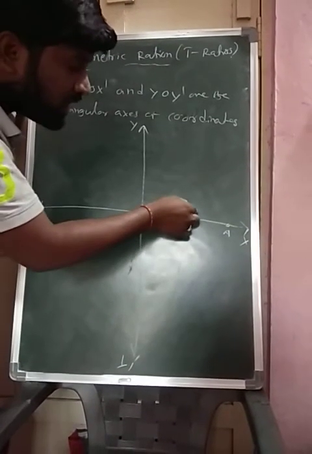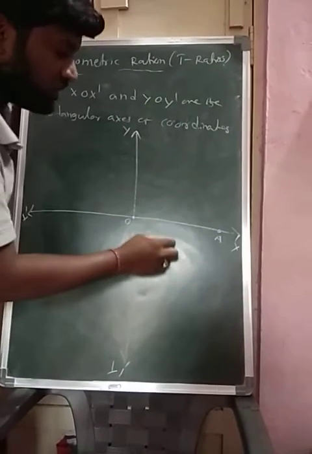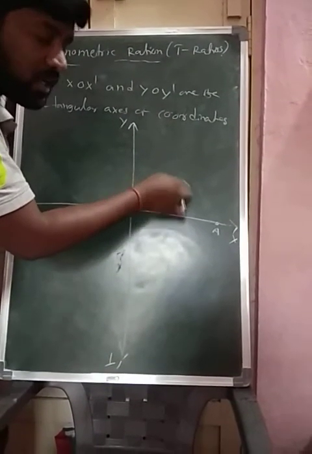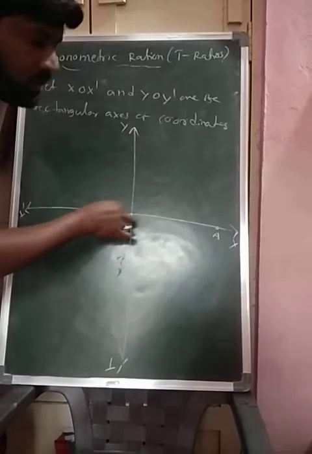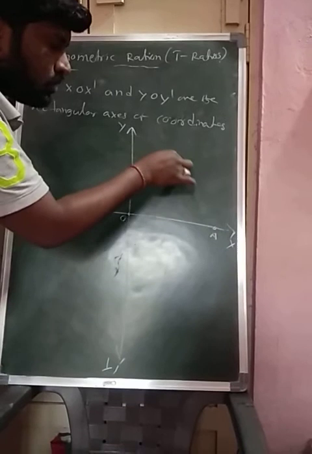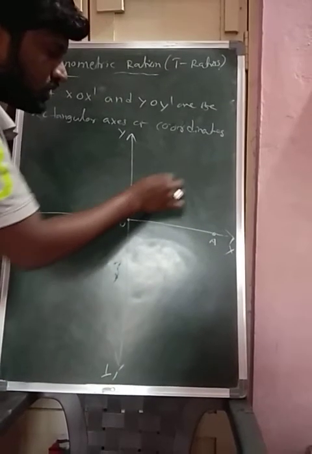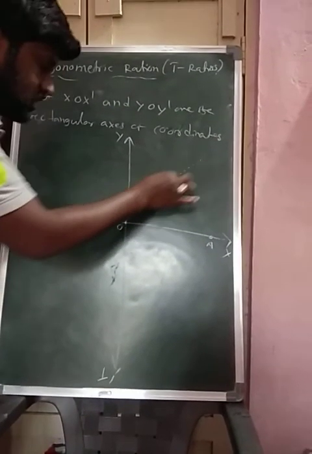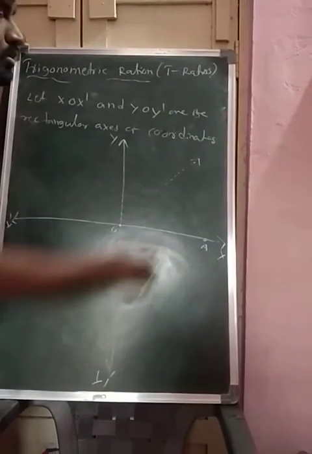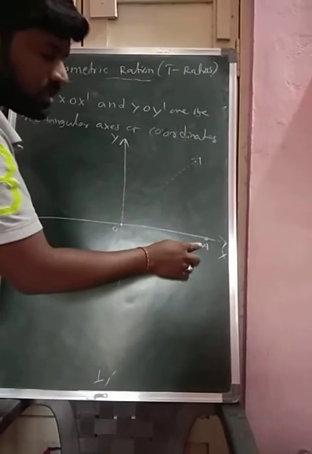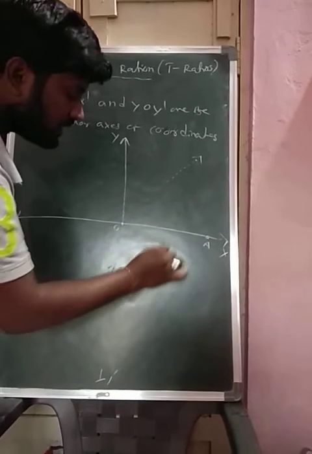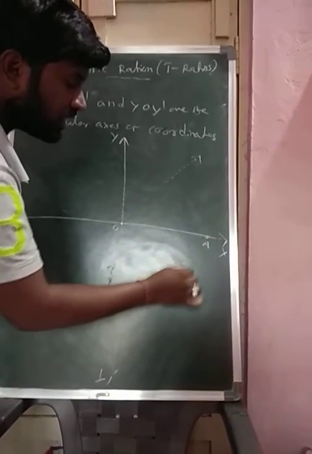It is rotating in the anti-clockwise direction about its point O. After some interval of time, it will come like this. Suppose it has come up to here. So OA is the initial side.